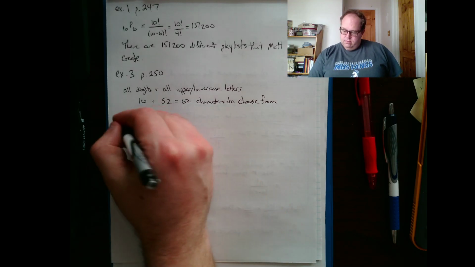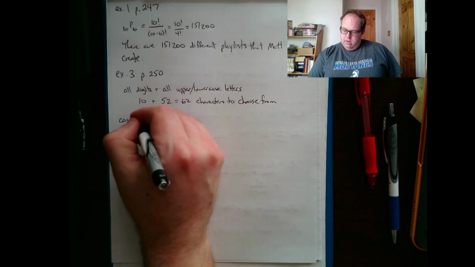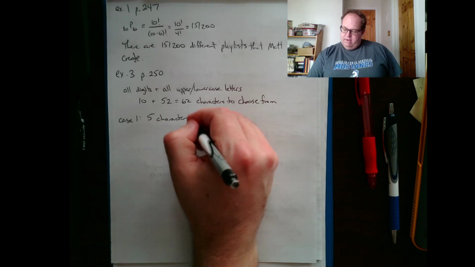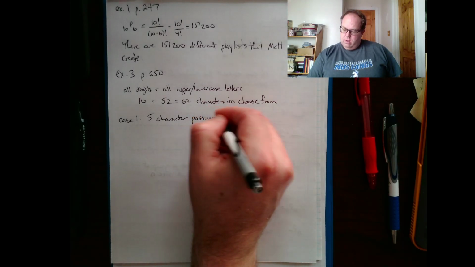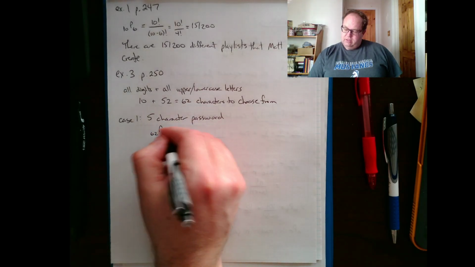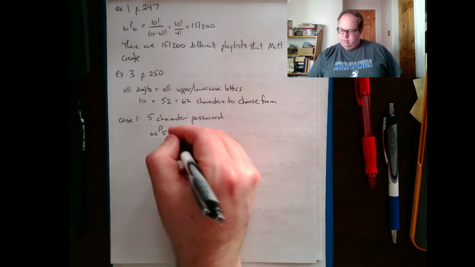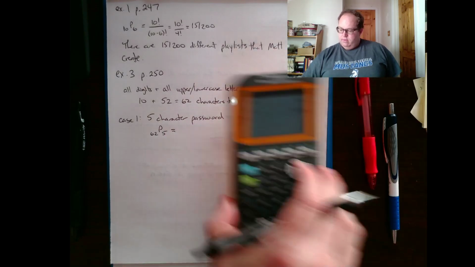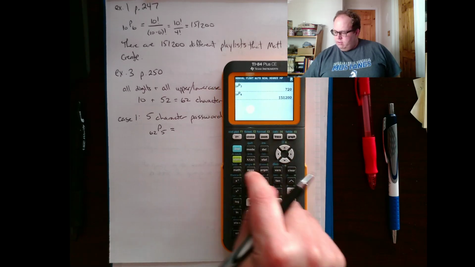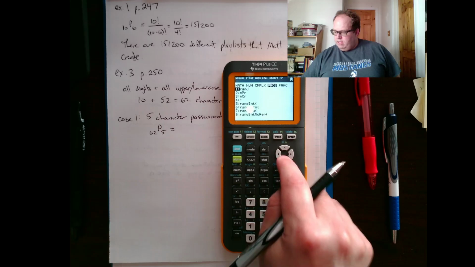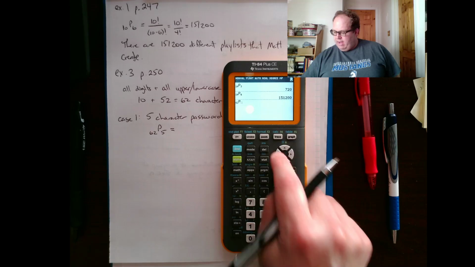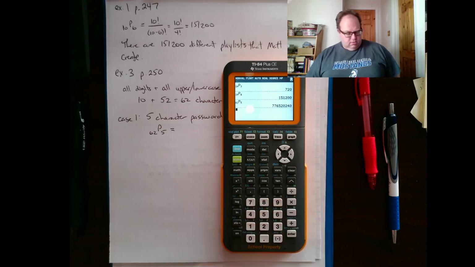So, first case, a 5-character password. From a group of 62, you want the number of permutations of 5 different things. Using our handy dandy calculator, that's going to be in math, probability, permute, 62p5.